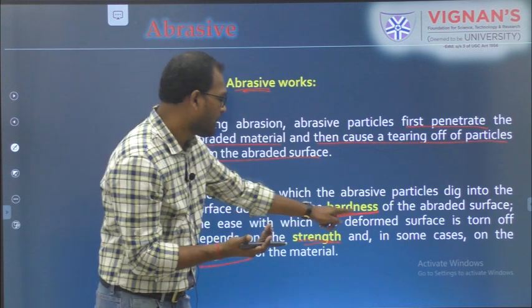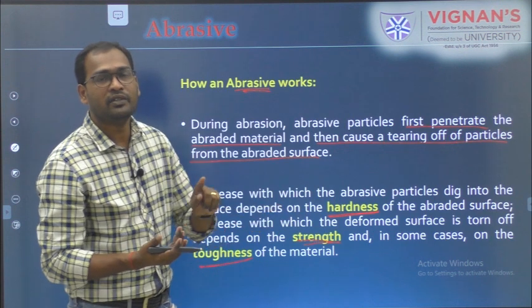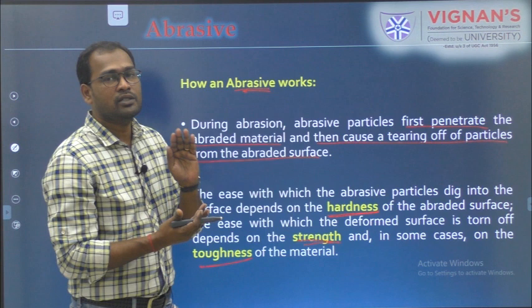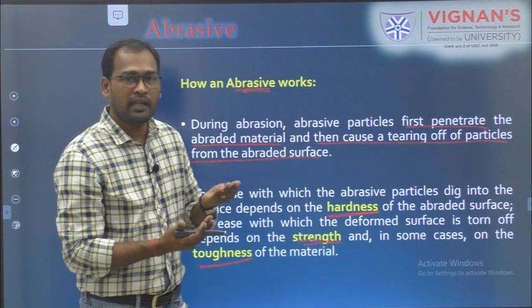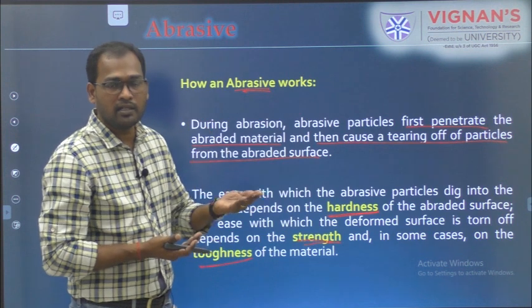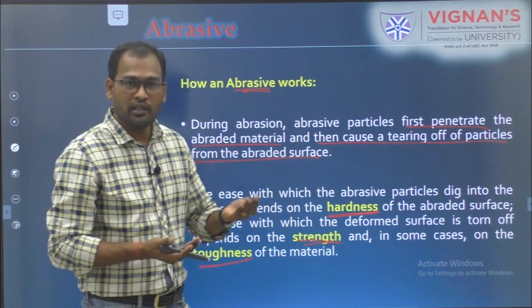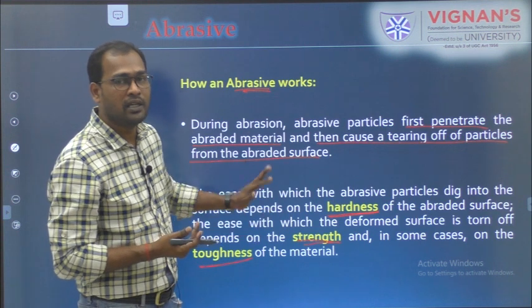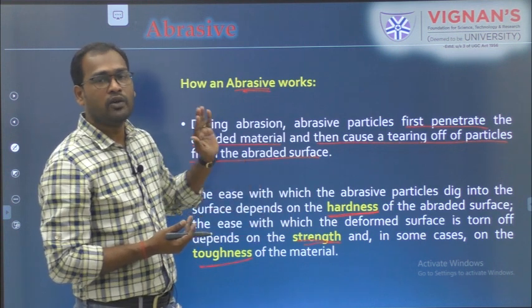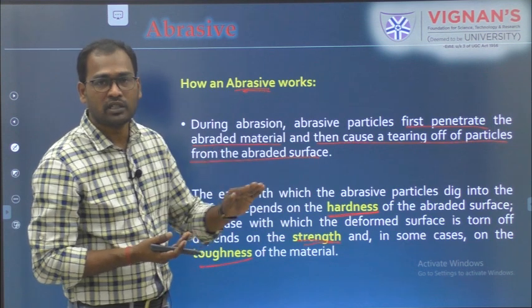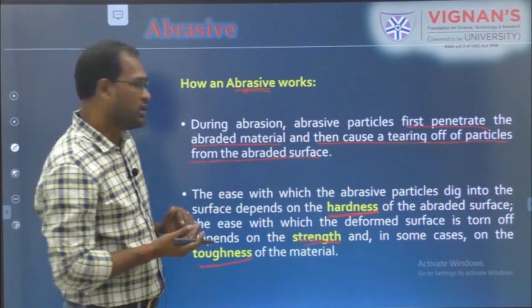So, these three parameters control the efficiency of an abrasive. If you are going to choose an abrasive, it should be better than the material which has to be cleaned, with higher hardness, higher strength and higher toughness. These are the qualities to look for when you choose an abrasive to clean a surface, polish a surface or remove the dirt on the surface.